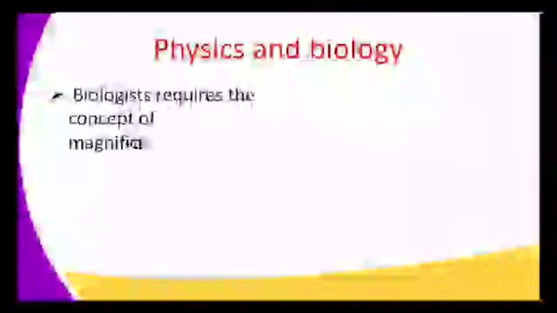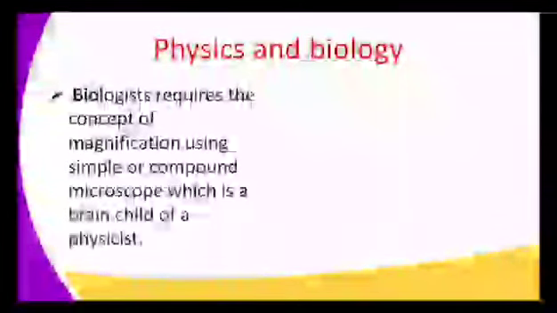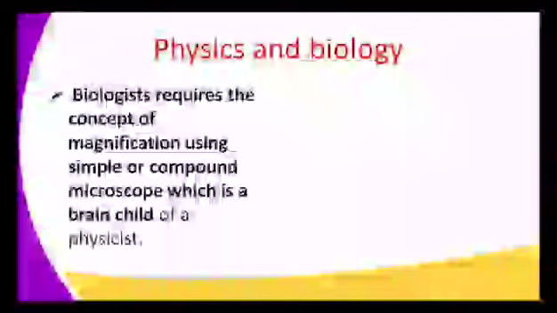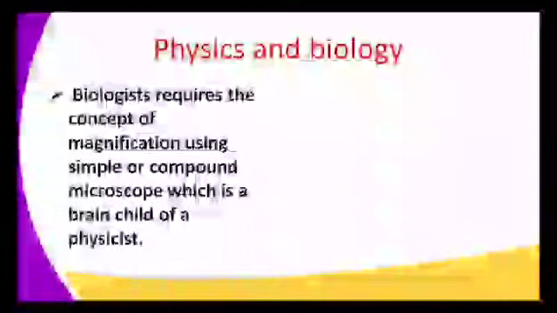Biologists require the concept of magnification using a simple or compound microscope, which is a brainchild of physicists. Now, the working of a simple and a compound microscope was developed by physicists. They developed it and laid down some basics that help it work so that we are able to apply it in terms of magnification and all that in biology.